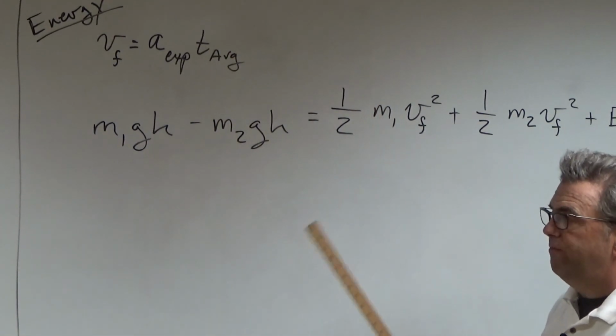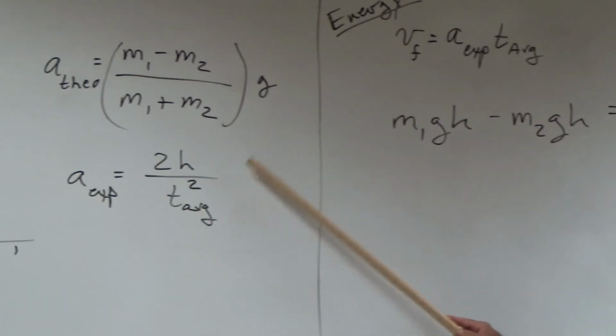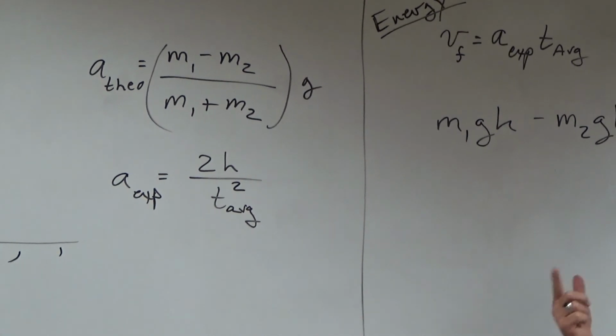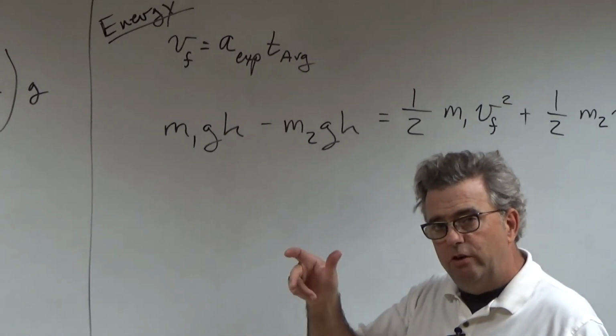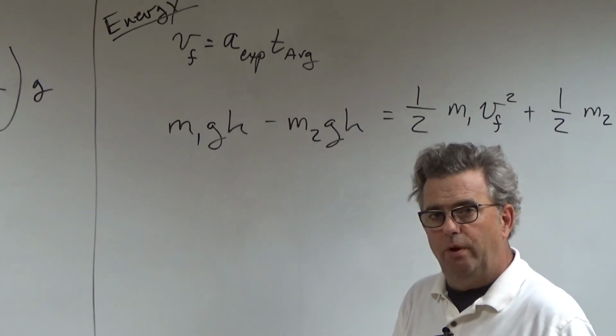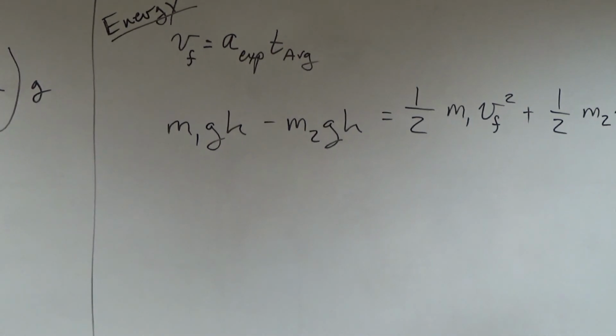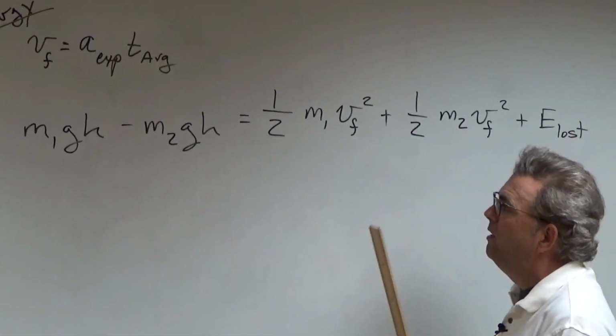Okay, and you should find that there is certainly a difference between A experimental and A theoretical, because you've got friction that's unaccounted for. We have the rotation of the pulley. Some of the energy goes into actually rotating the pulley. Air drag, we could talk about some other things as far as uncertainties.